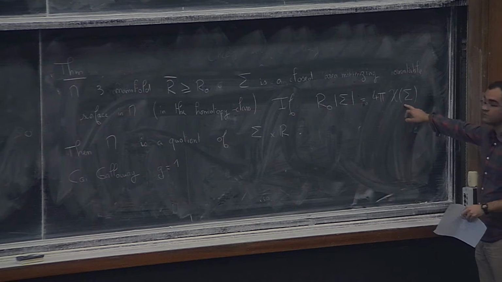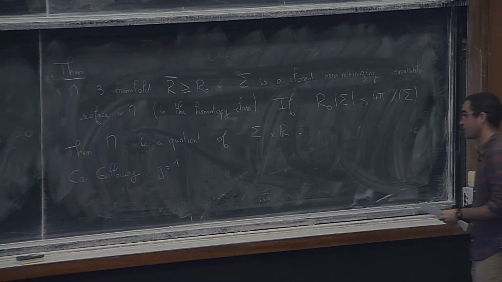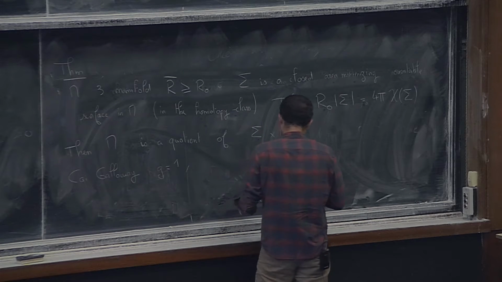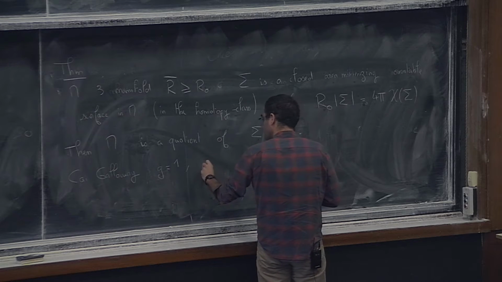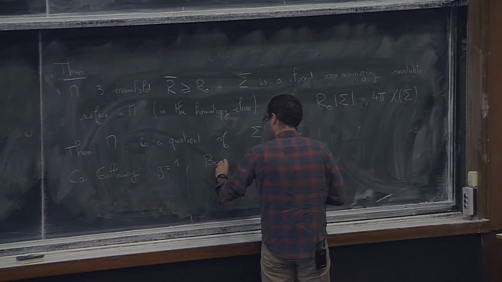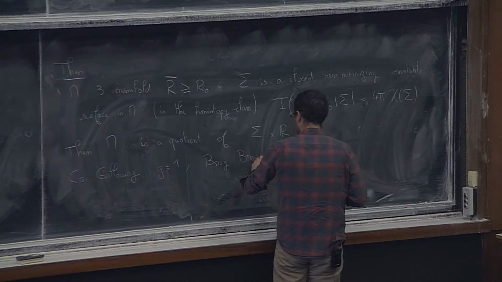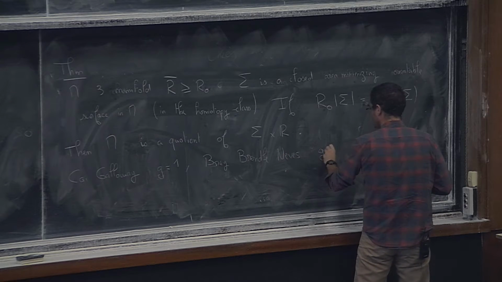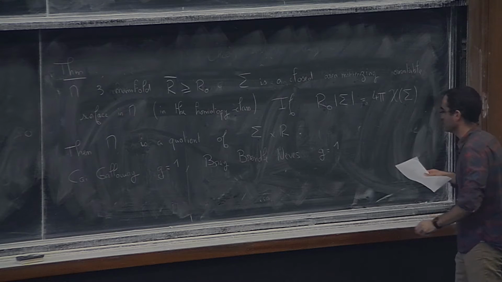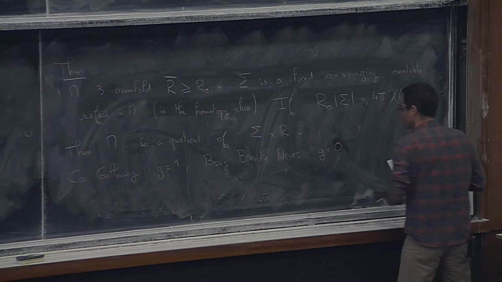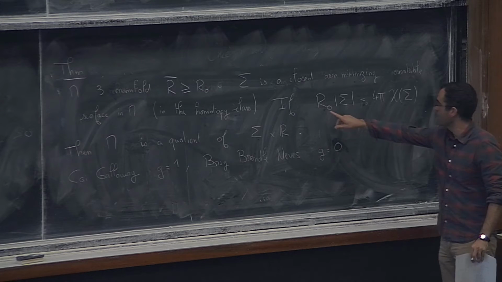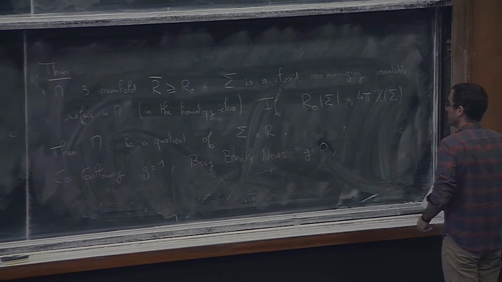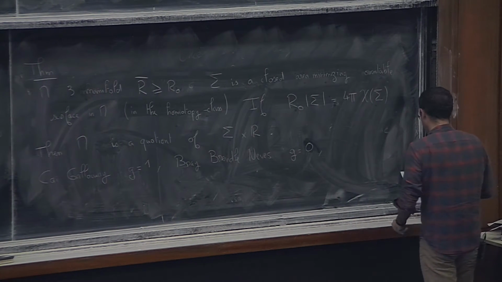So here it's equal to 0, and R naught is equal to 0. Okay. The second version of this result is due to Bray, Brendle, and Neves. And it's the case where the genus is equal to 0, sorry. The case of the sphere, and it corresponds to the case where R naught is positive. Then the case where R naught is negative and the genus is larger than 2 is due to Nunes.